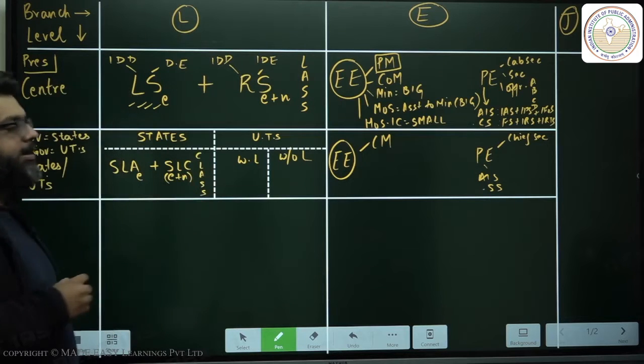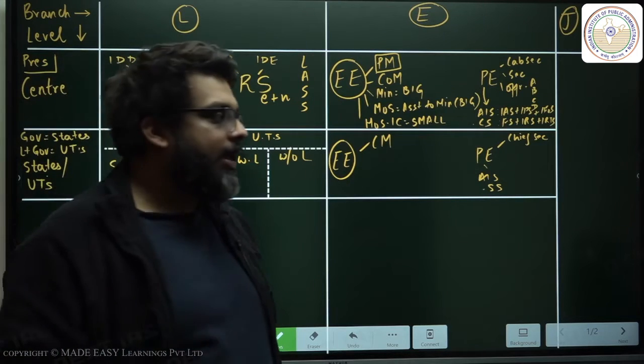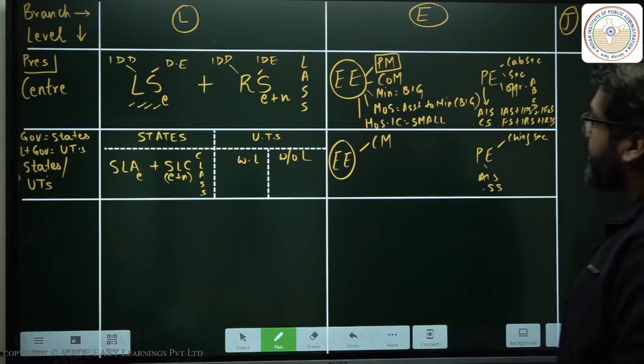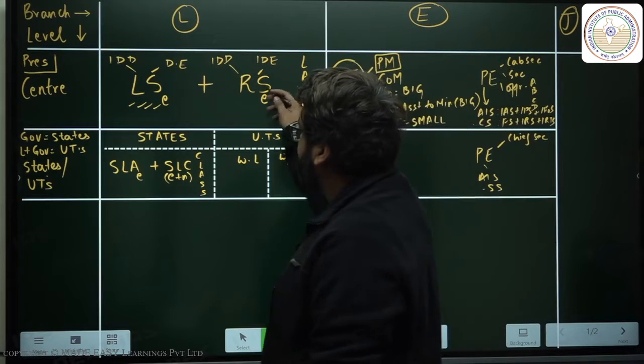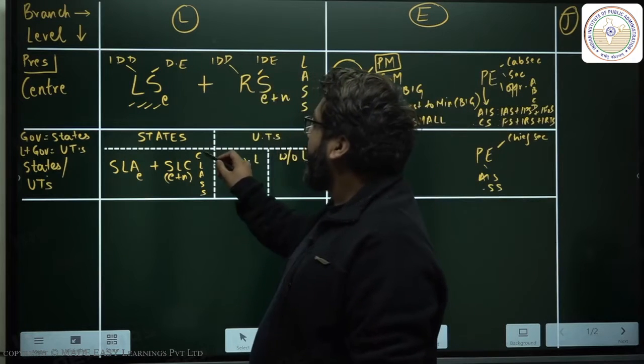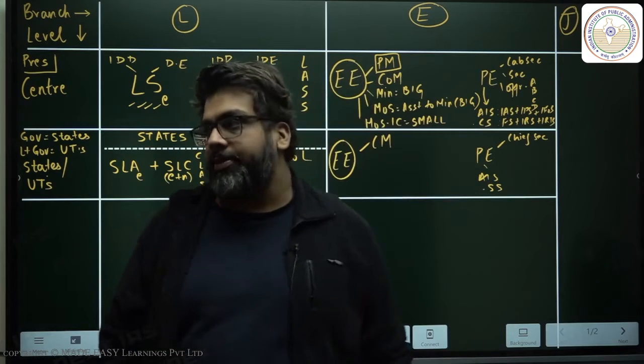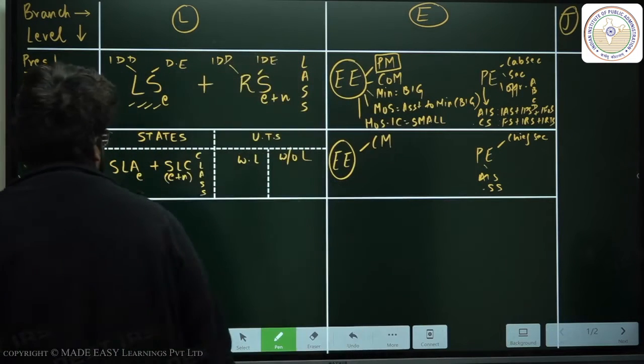C stands for Cooperative Societies, Literature, Arts, Science and Social Services. Literature, Arts, Science and Social Services remain the same as Rajya Sabha nominations, and Cooperative Society is added, so it becomes a matter of the state subject. Okay, so this is how it is.